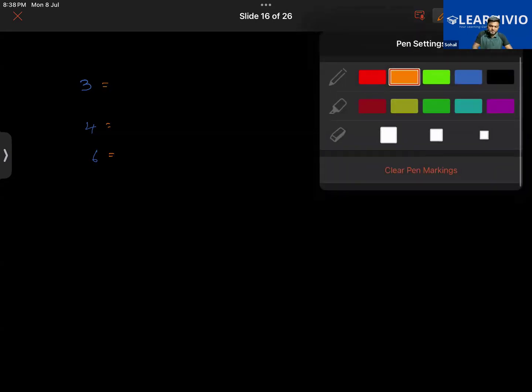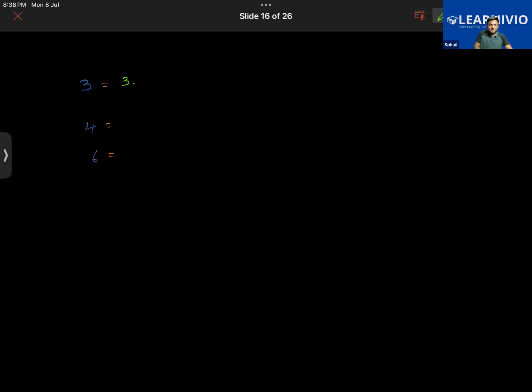Take the example of the numbers 3, 4, and 6. Quickly tell me the multiples of 3, 4, and 6. Tell me the first 5 multiples of 3. Yes. 3 ones are 3. Then be quick. 6, 9, 12, 15, 18.